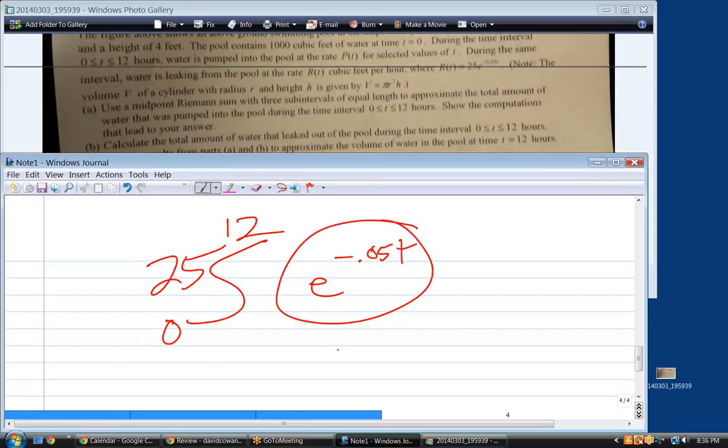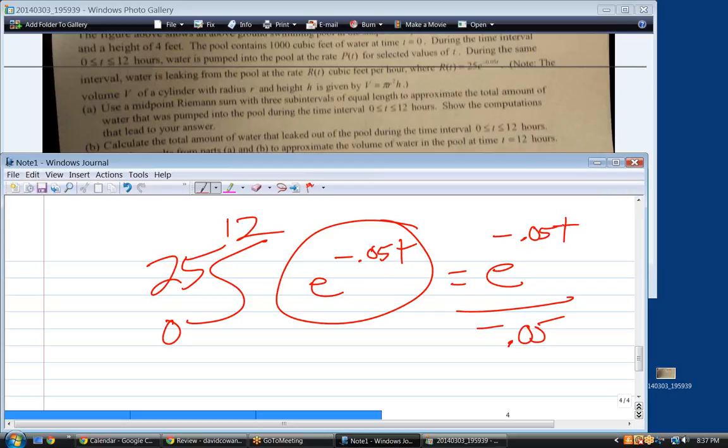So all we have to do is find the antiderivative of that. That's actually pretty easy. It's e to the minus 0.05t divided by minus 0.05. In other words, it's always the same thing divided by the coefficient of the variable, assuming it's to the first degree.